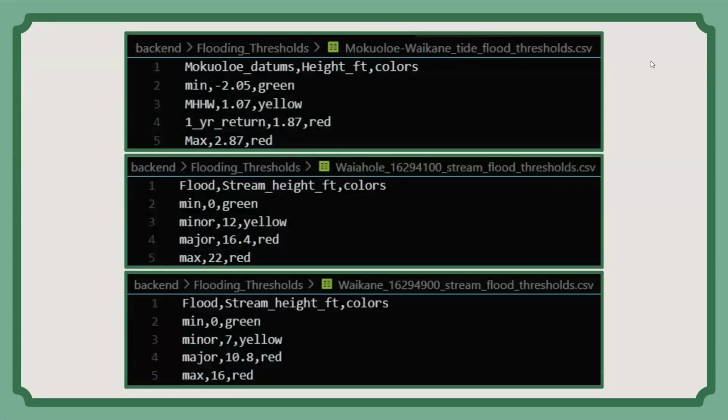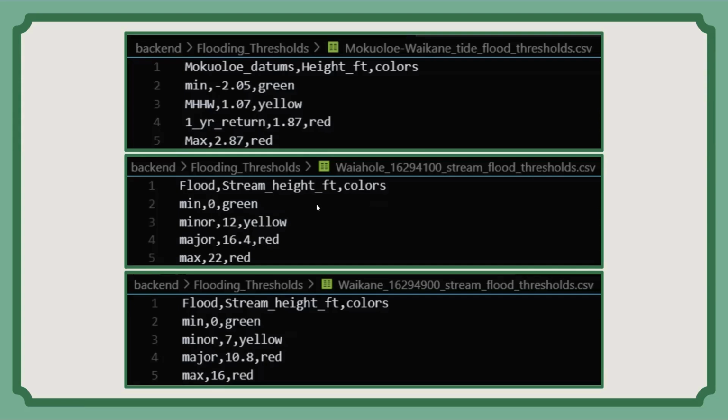And then these are the thresholds that we obtained. For the tides right here, it would be from -2 to 1 feet would be no flooding, 1 to 1.87 feet would be minor flooding, and 1.87 to, we made it 3, would be major flooding.